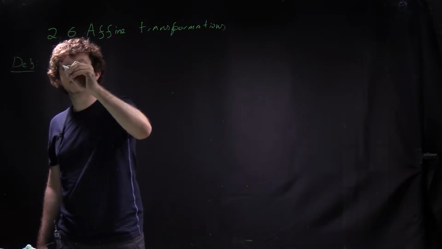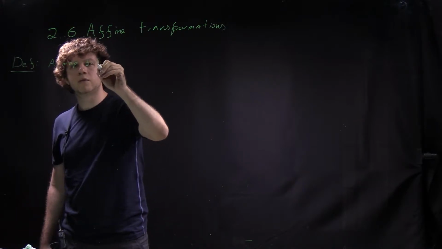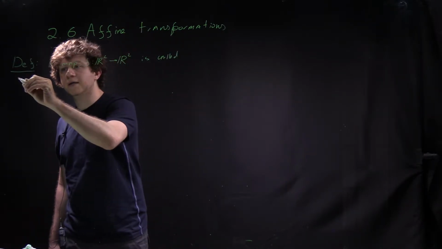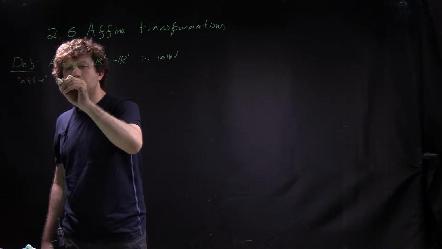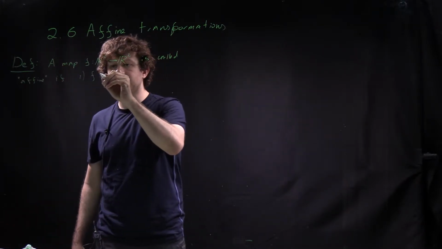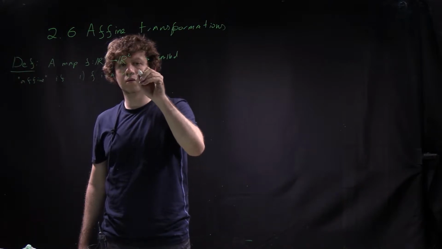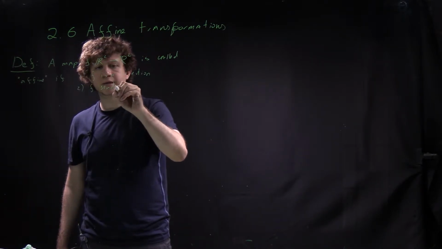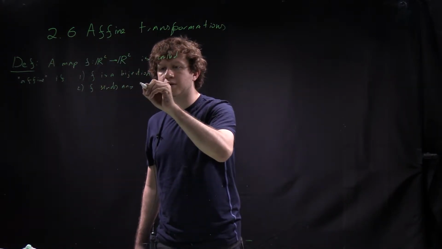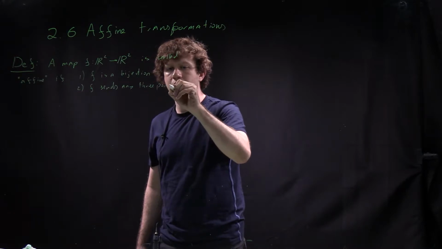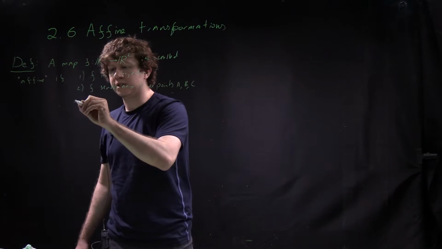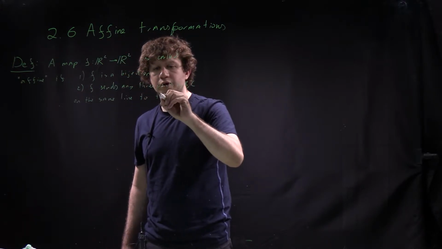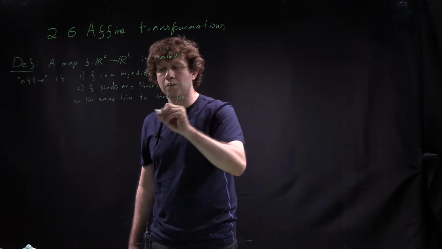A map F from R2 to R2 is called affine if, first, F is a bijection, and second, F sends any 3 points A, B, C on the same line to 3 points on the same line.